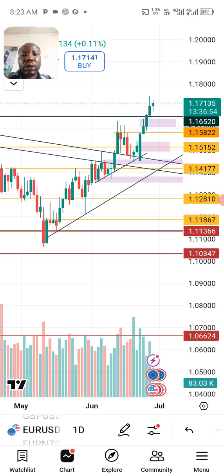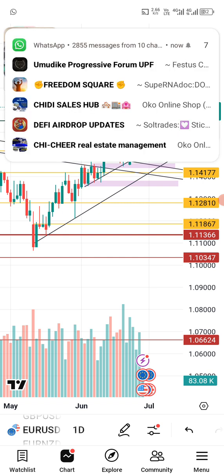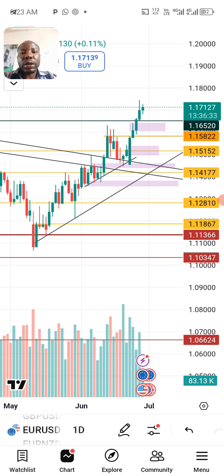Now we're gonna be comparing the two time frames, and I will be telling you their needs. I'll do this on cryptocurrencies and forex pairs.